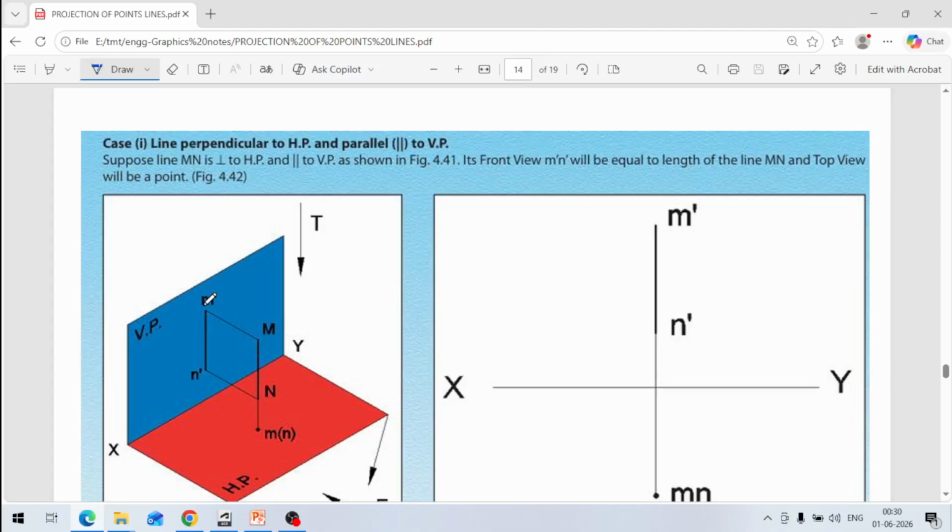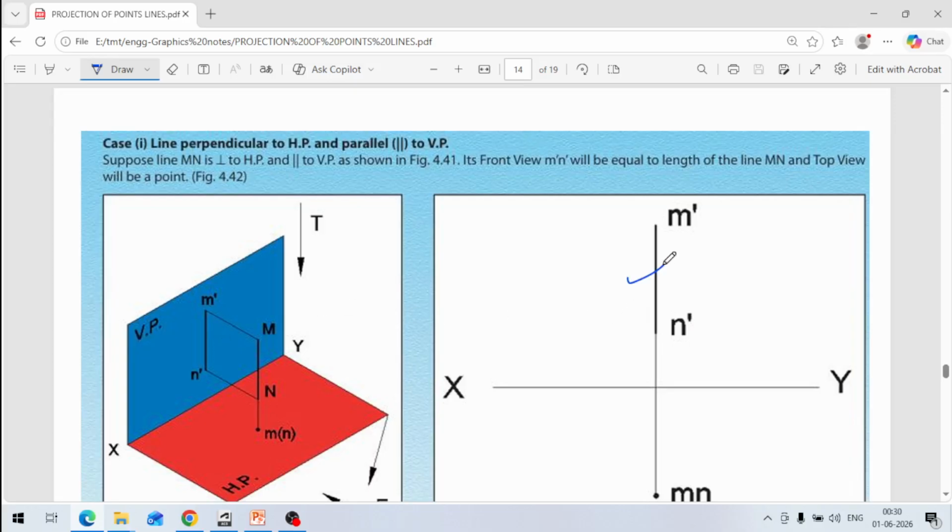Since it is parallel to the vertical plane, the projection will be vertical like this. This is M dash N dash. MN is the line. This line is projected on the plane, and from the bottom we take the distance, and from that point it is projected as M dash N dash. This is a vertical line here.